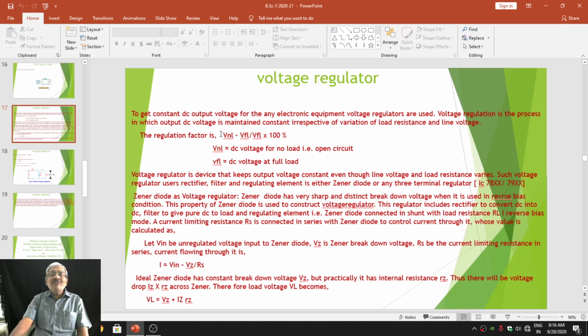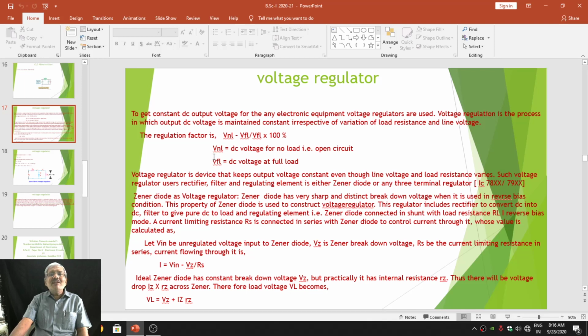Where VNL is the V no load, meaning when your circuitry is open, when no load is connected, or when infinite load is present. The voltage measured when the load is infinity, or when the circuit is open, we call VNL.